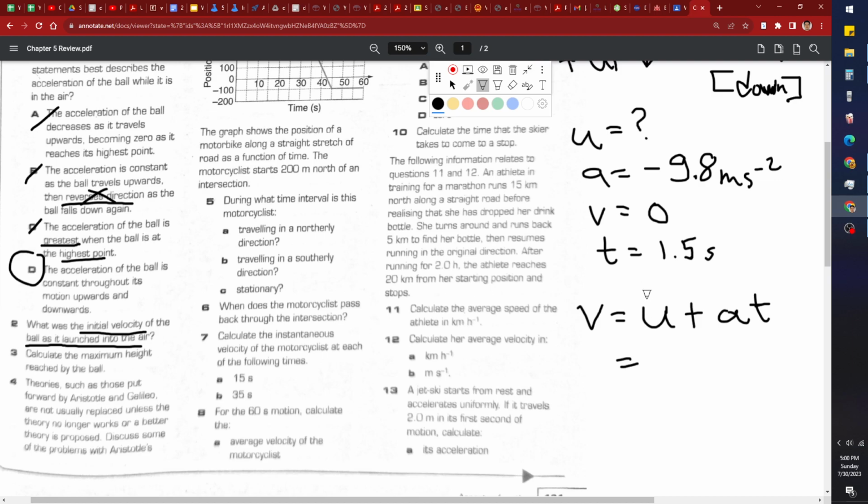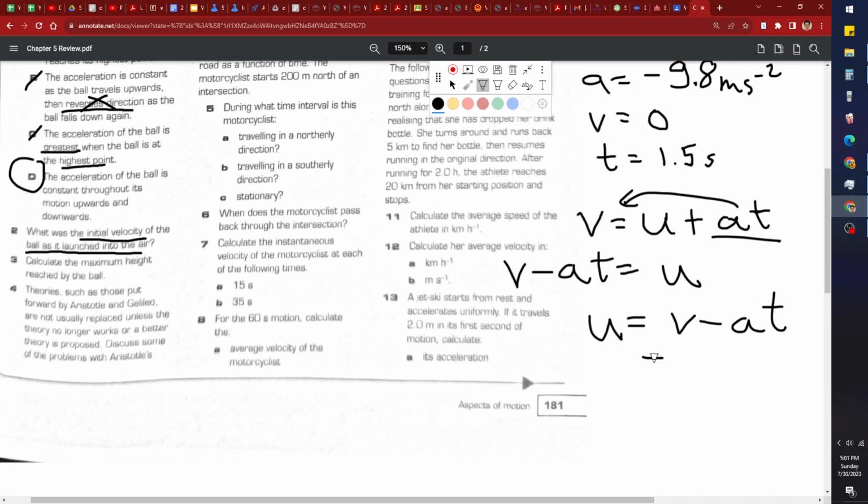If you move u to this side, you can move this over first, and then it'd be v minus at like this. But we usually like u on this side, so I'm just going to move everything over to the other side. Just reverse it so that it's easier to read.